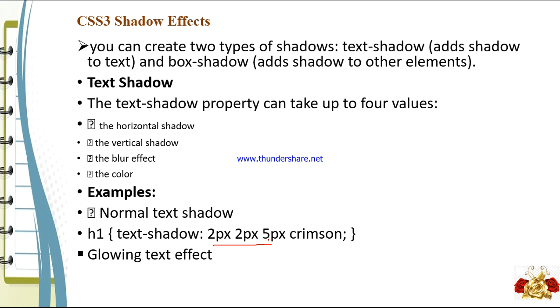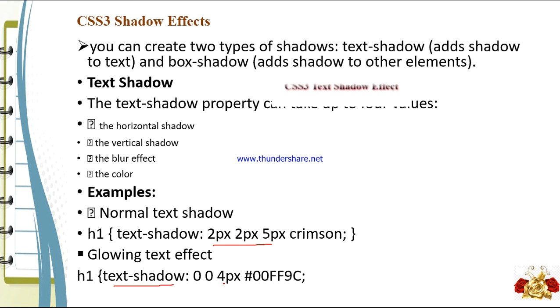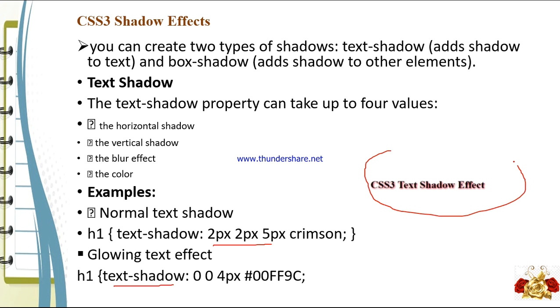A glowing text effect. Example: heading H1, you specify the heading. Text shadow colon 0 0 4px, that is the value. This is a shadow effect. That is the output of this CSS3 text shadow effect.